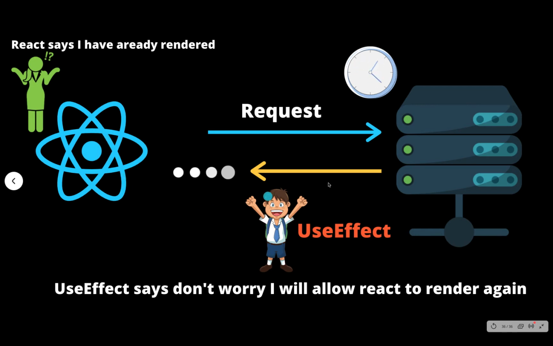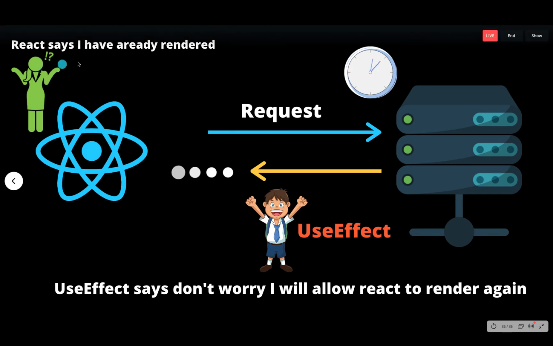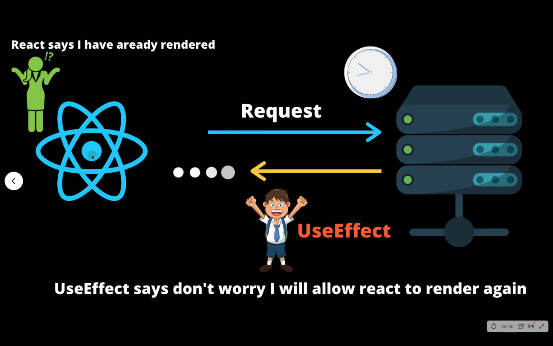So as soon as the data comes back from the server, how are we going to tell React that we have got the data, so display it? React says, I have already rendered, so how can I make use of data that arrived after I rendered?